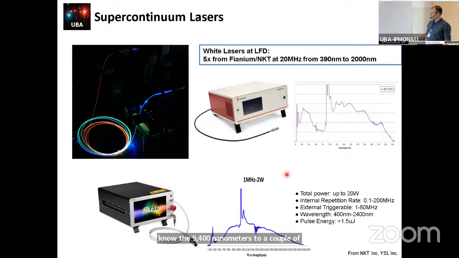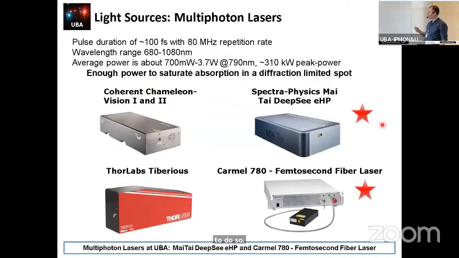And they are pulsed by default, usually at 20 megahertz, and they can basically be used to perform lifetime. The only drawback is that you need to isolate the light that you want to use, and to do so you can use different strategies, but a bandpass filter is the most common.